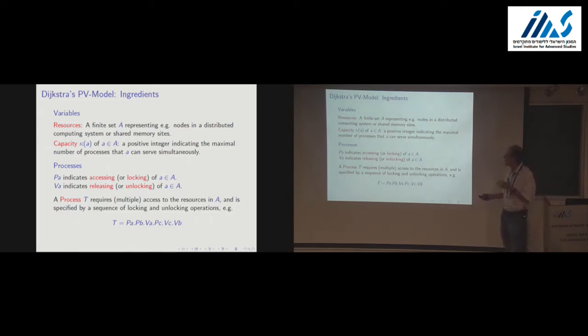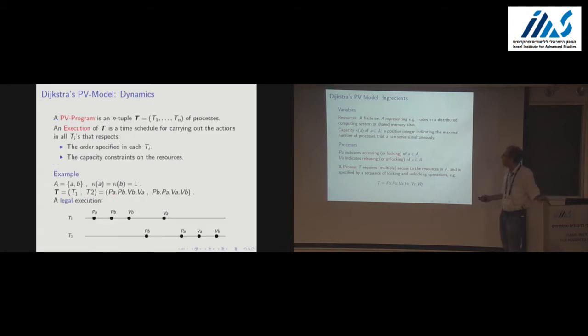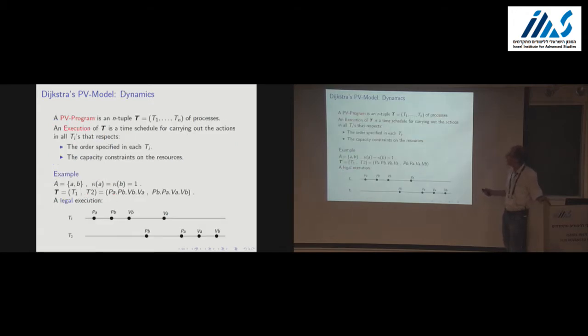Okay, so this is the static information. And now, what is a PV program? Well, a PV program is simply an n-tuple of processes that have to live together. So an execution of this n-tuple is a time schedule for carrying out all the actions such that two things hold.